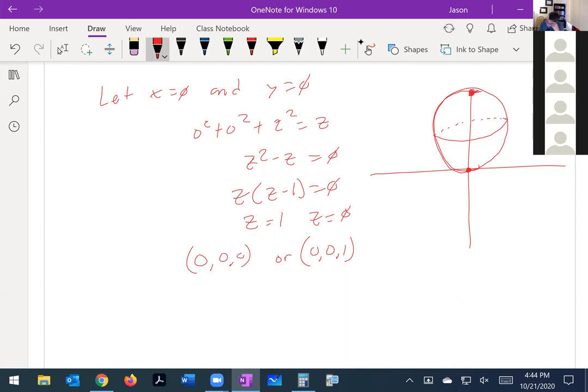This is 1. The north pole is at 0, 0, 1. The south pole is at 0, 0, 0. Oh, that's kind of cool. Okay, so that's the sphere we're looking at.